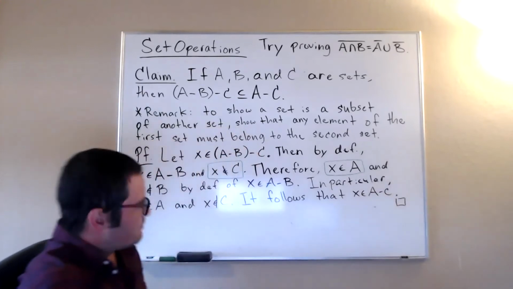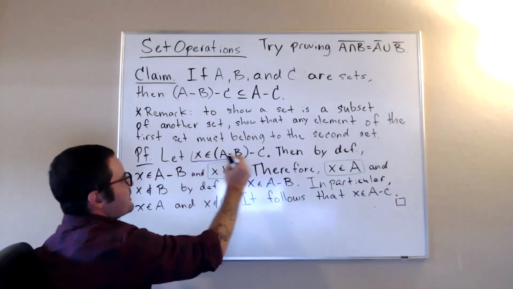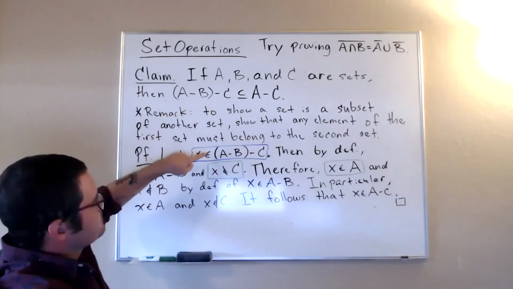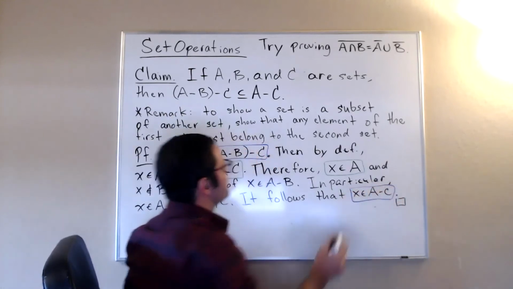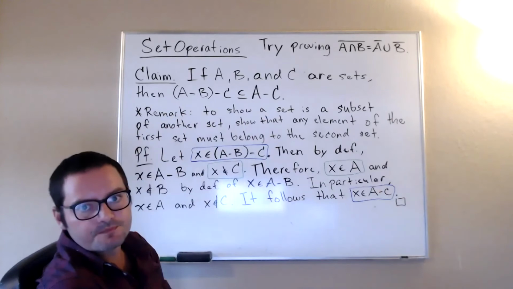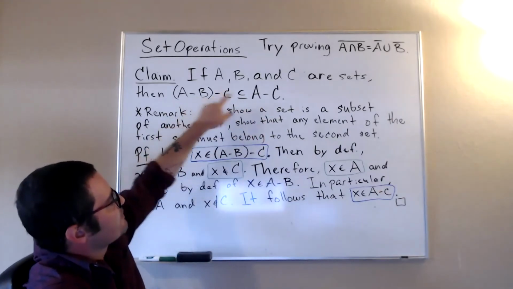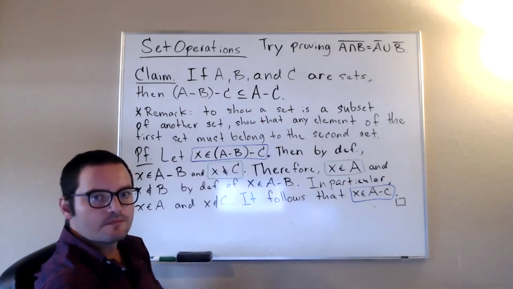Why? Because you've picked an arbitrary X in that set and then shown that that same X must also belong to that set, which establishes that this is a subset of that, because anything in there must also belong in there. Okay?